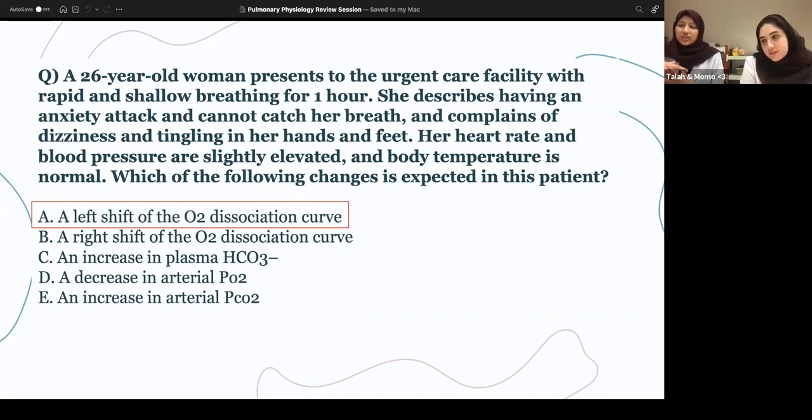That means that you're losing a lot of carbon dioxide from your blood, right? So arterial PCO2, which is E, would decrease because you're exhaling a lot of it out. So there's less carbon dioxide in the blood.